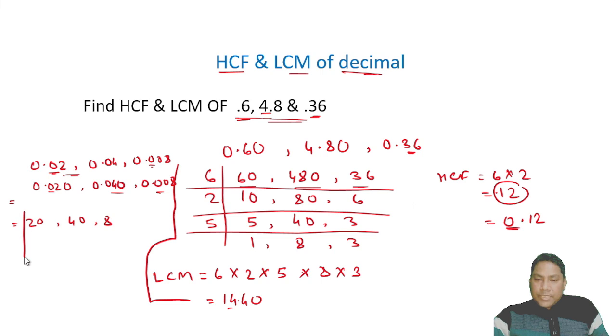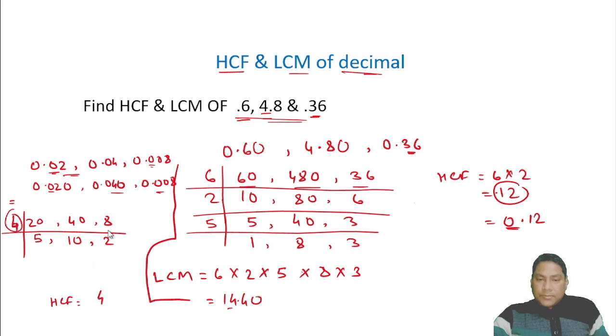Now we will divide by a common number. The common number here is 4, so it will become 5, 10 and 2. Now there is no other number which completely divides 5, 10 and 2. So the HCF is 4.